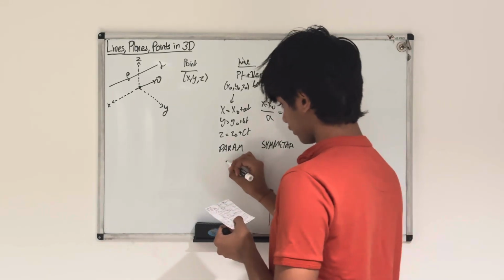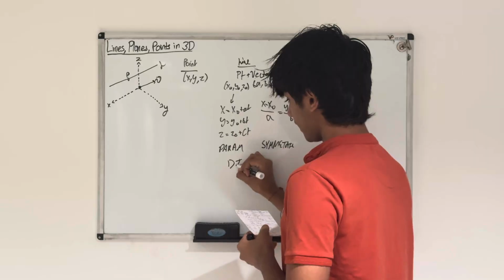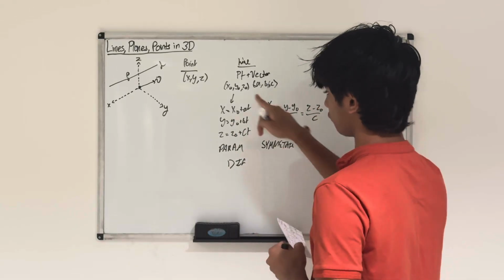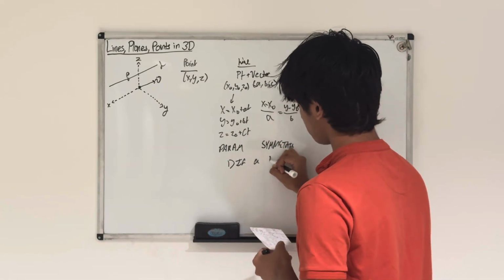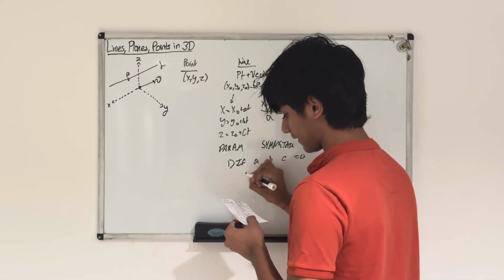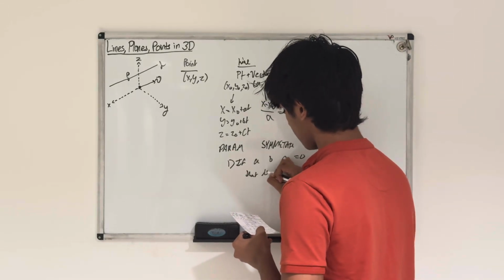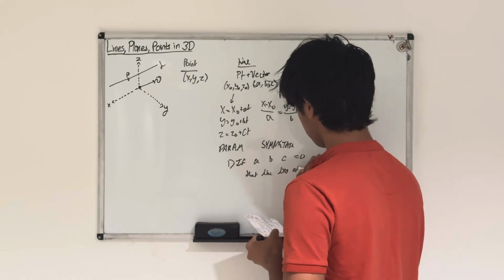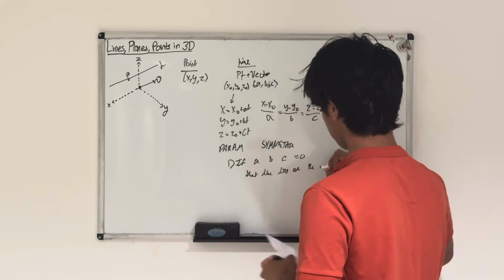So some general things to know about lines. One, if a line has its direction vector a, b, c, with one of the components equal to 0, then we say that line lies on the plane that is 0 for it.